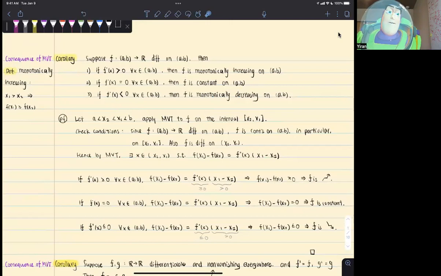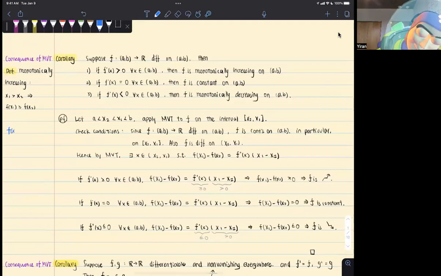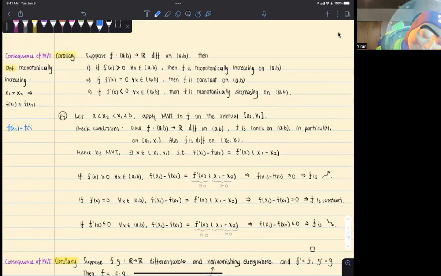So right now you must have some intuition about how to prove this, because we can utilize the mean value theorem. So I can write this as, the mean value theorem: f(x2) minus f(x1) is equal to f prime of, let's call it, c, times (x2 minus x1), right?